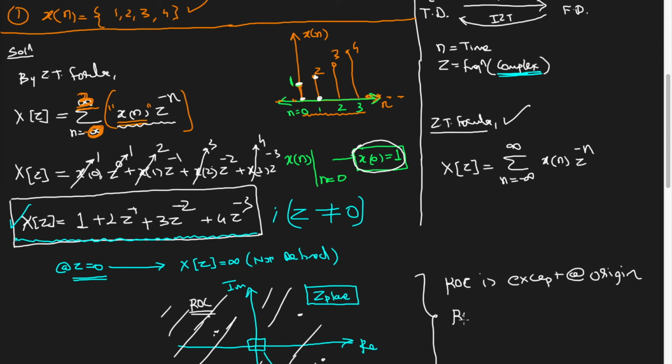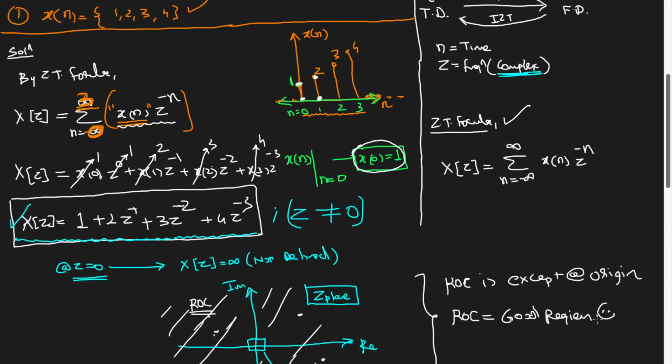Right now, can I say ROC is equal to good region? Why good region? At this point in time, I just want you to understand ROC as a good region, the area where you can actually find the Z transform, or where the Z transform simply exists. I can just draw a smiley face.